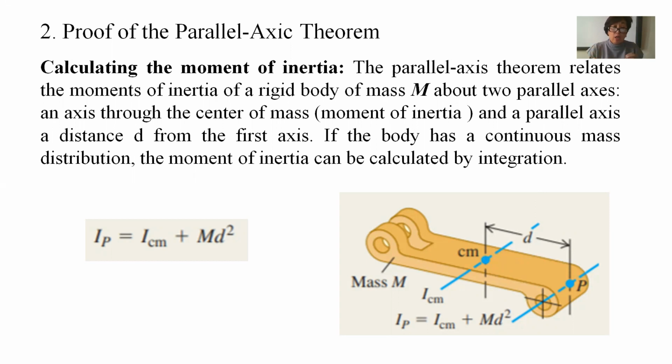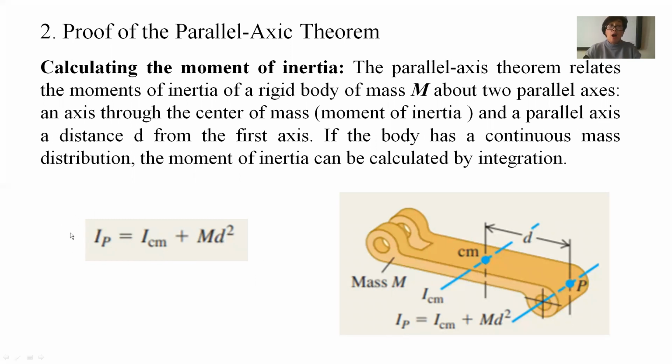If we use the formula of the parallel axis theorem, this is the moment of inertia about one end of the rigid body, which is the moment of inertia of the center of mass plus the mass of the rigid body multiplied by the distance between point P and the center of mass.